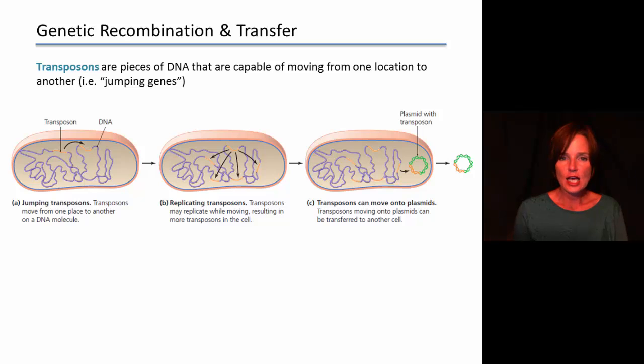If you look at the cell right here, it has a DNA molecule, big chromosome, it's purple, and then we've got a transposon, which is a smaller portion of the molecule, and it's able to copy itself and then insert into another location. It is possible for them to jump onto plasmids too. And if we get jumping onto plasmids, the plasmid can move to another cell. That could happen with the conjugation process that we just looked at.